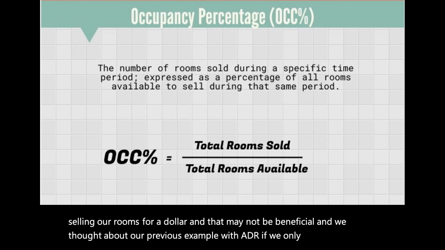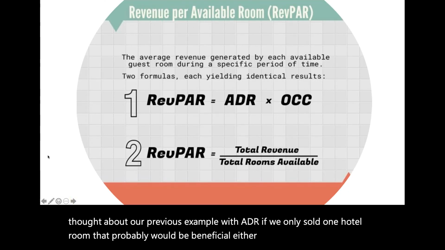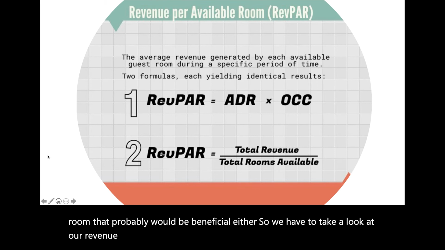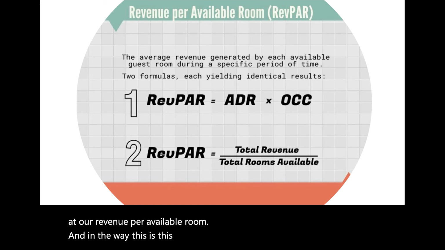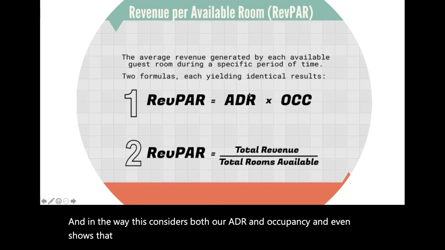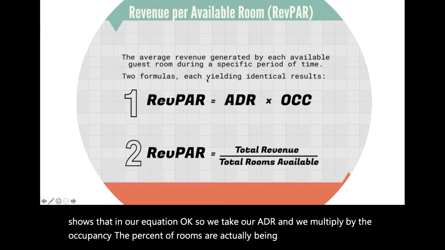So we have to take a look at our revenue per available room. In a way, this considers both our ADR and our occupancy, and even shows that in our equation. If we take our ADR and multiply by the occupancy, the percent of rooms that are actually being sold, then we get our revenue per available room, and that's what's really important in regards to revenue management.